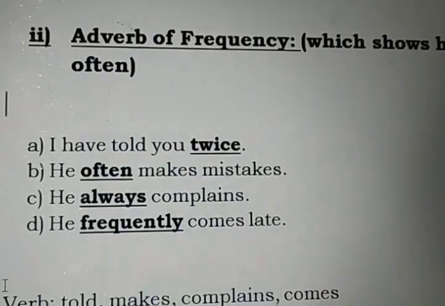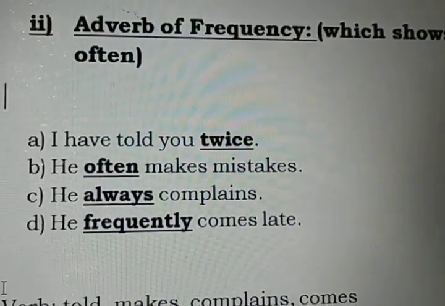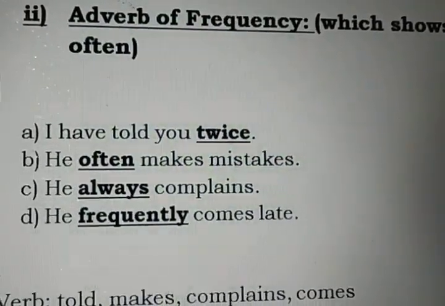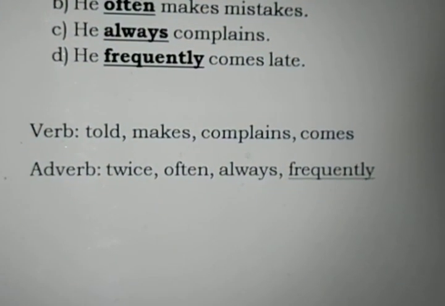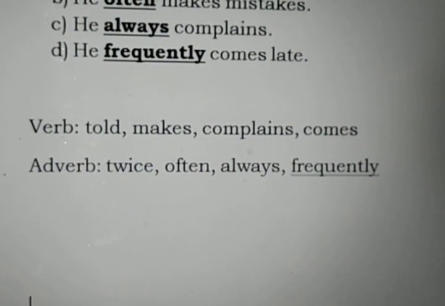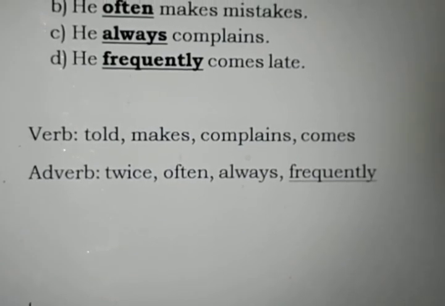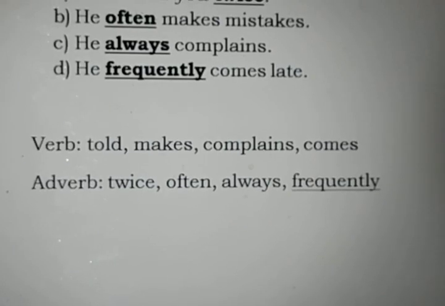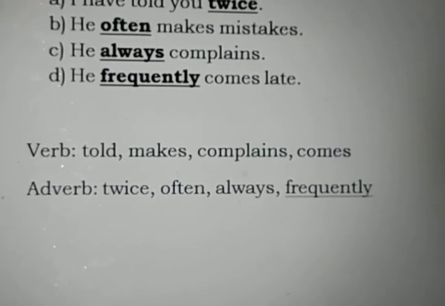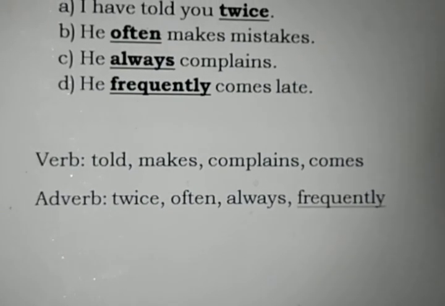So these are all your adverb of frequency. This again you can see the verbs, told, makes, complains, and comes, and the adverbs are twice, often, always, frequently. These are all your adverbs of frequency.